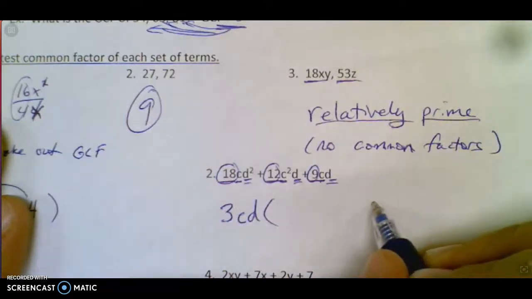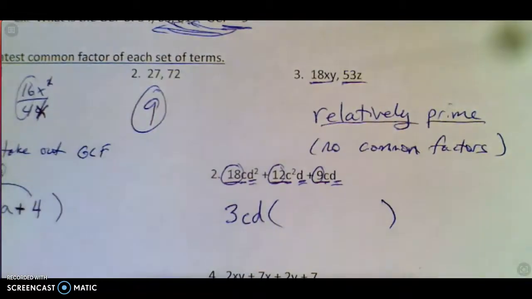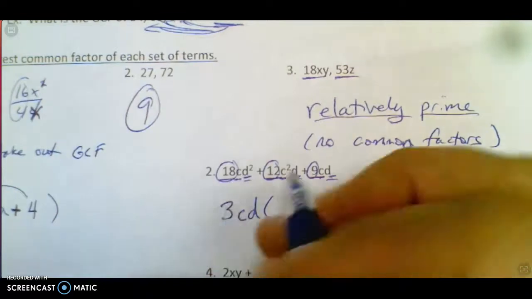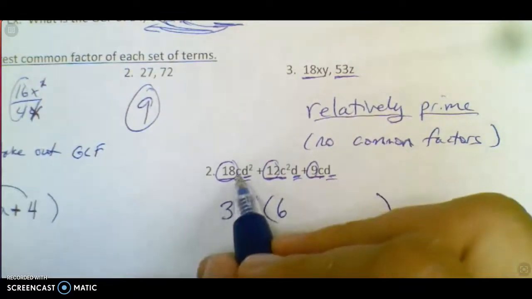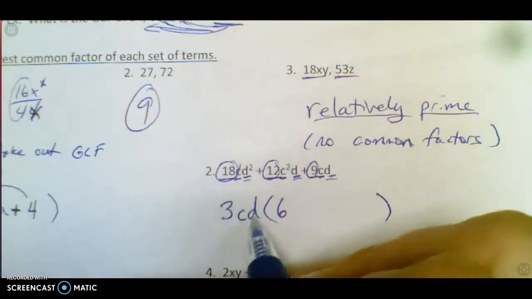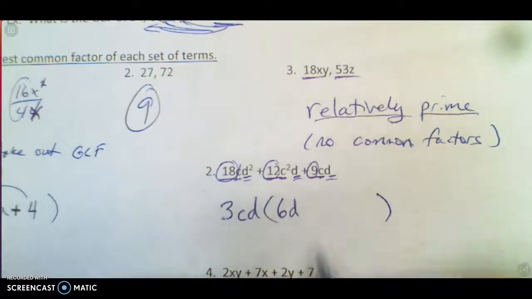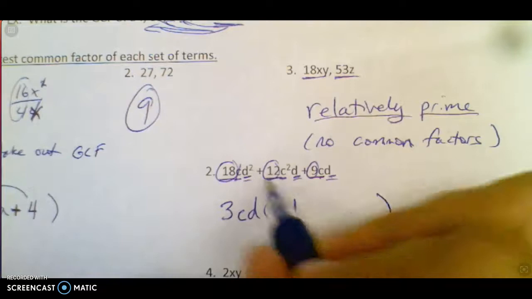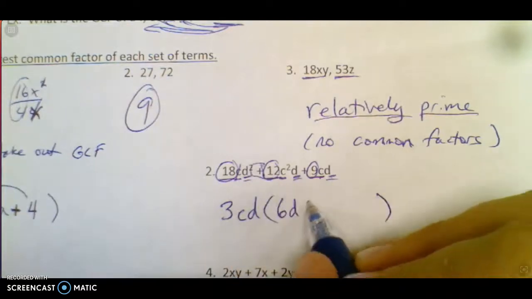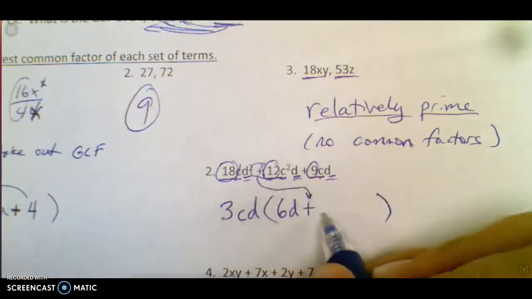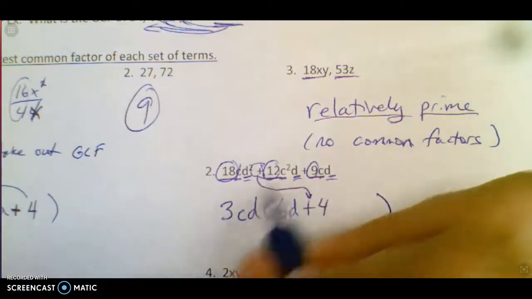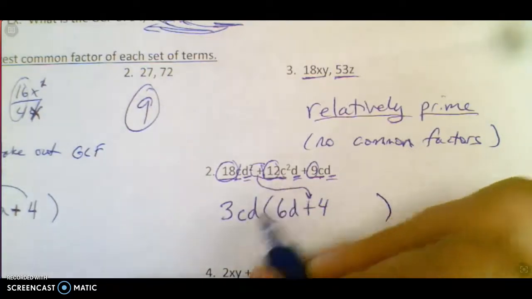So now, in parentheses, what's going to be left over is what happens when I divide it out. So 18 divided by 3 is 6. I divide a C away, it goes away. I take out 1 D, so 6D. Take out a 3 from, remember there's a plus sign here. That plus sign goes there. 12 divided by 3 is 4. I take out one of the C's, right?